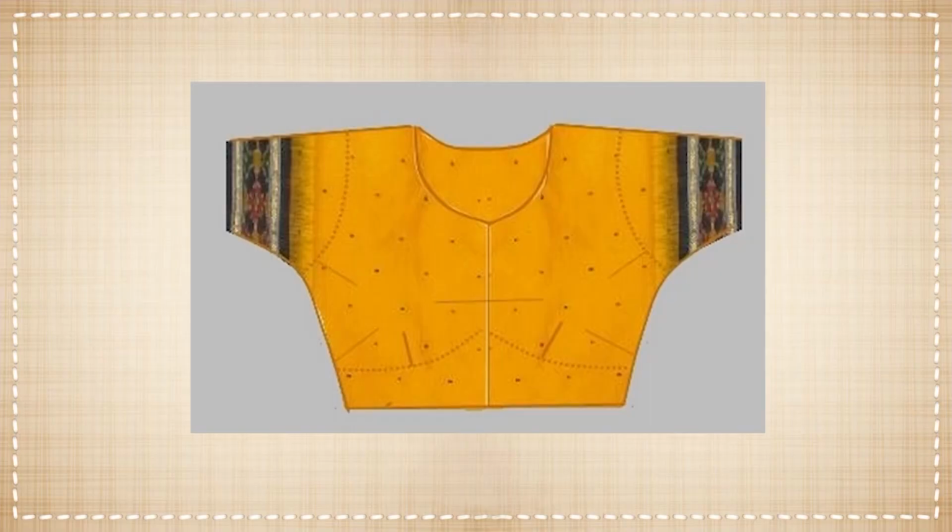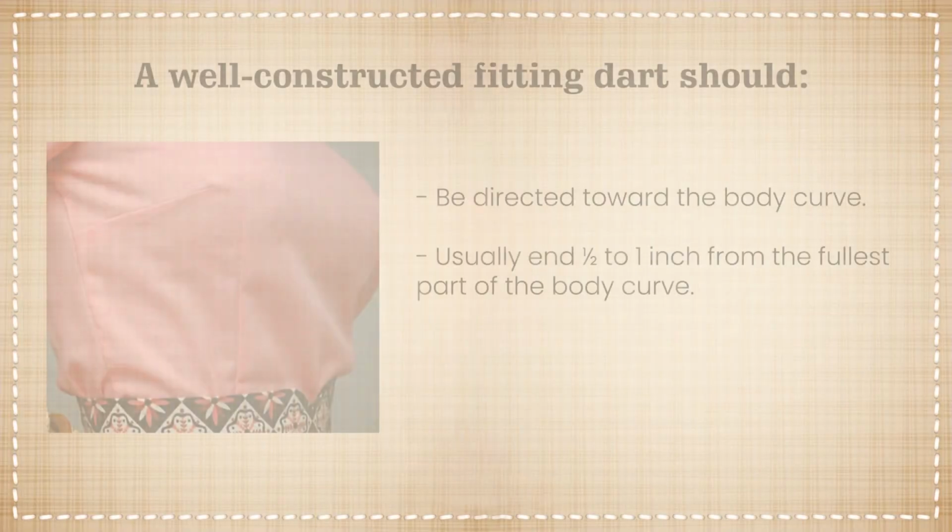You might have seen a lot of darts being placed in a sari blouse, because a sari blouse is supposed to be a fitted garment. And wherever you need proper fitting, you need to use darts to take in the extra fabric fullness into stitched folds.